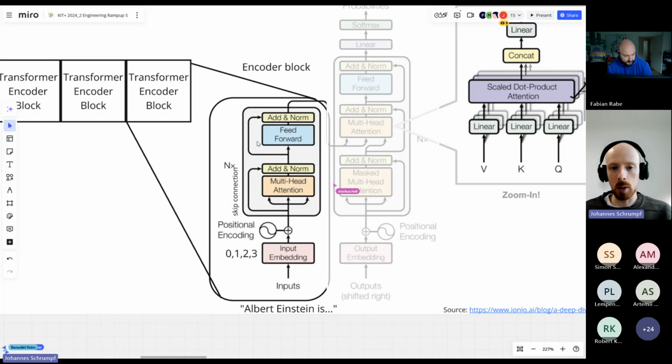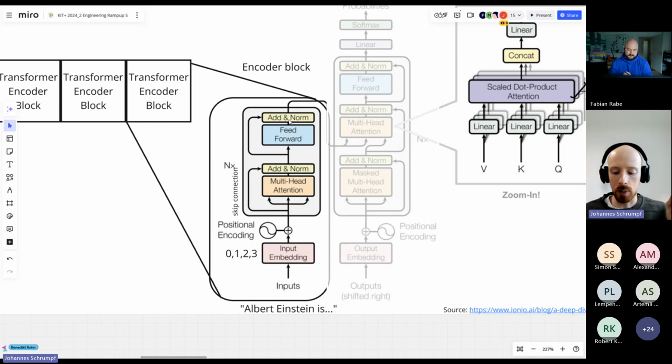Again, we add a skip connection. This is relevant for when the feed-forward network is not able to separate the two signals meaningfully from one another. They also get added and normalized. The normalization is just to keep the dimensions consistent.